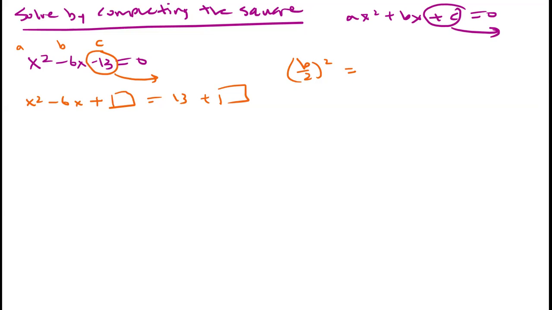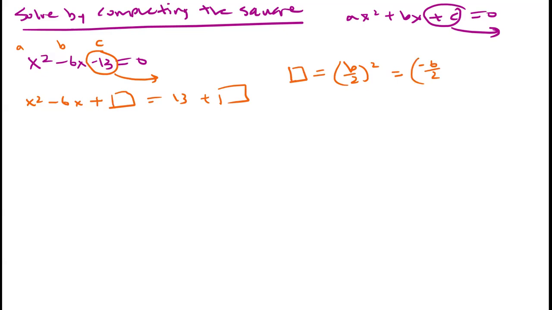Okay. So the box, let me pause this for a second. Okay, that box is coming from this formula. So this box is equal to this. That's what we're going to put in. So b, again, as I mentioned, is minus 6. So we're going to divide that by 2. We're going to keep that negative, right?